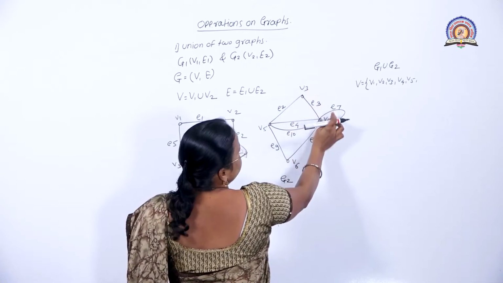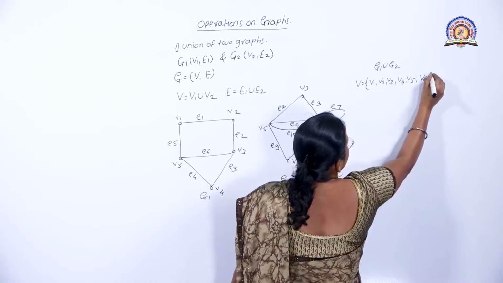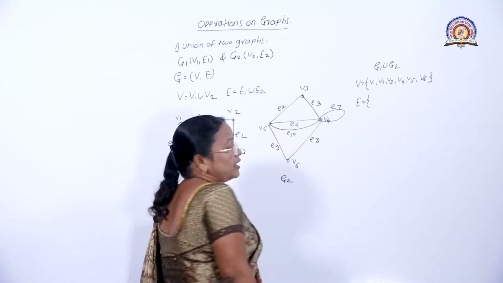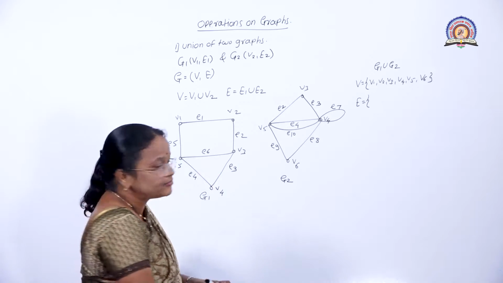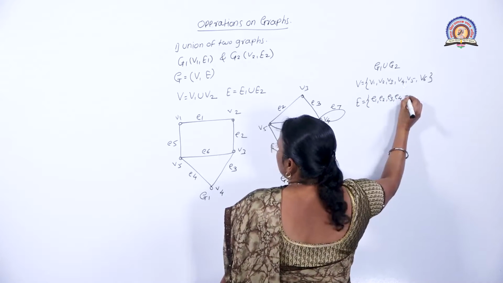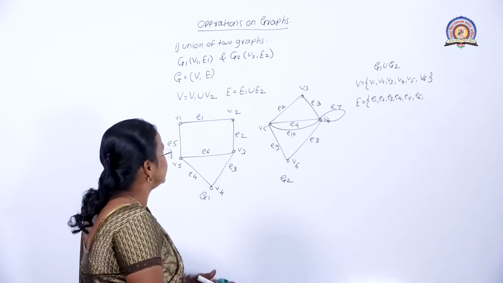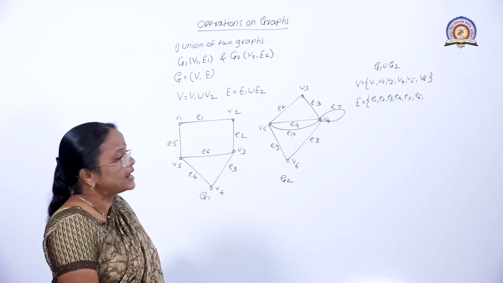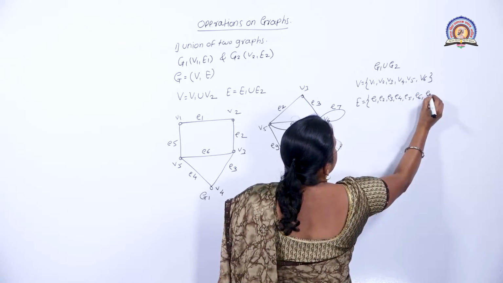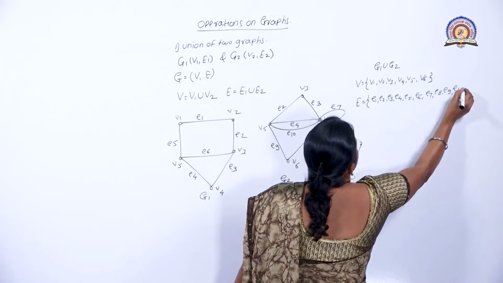V3, V4, V5 are already written, so what is remaining is V6. The edge set E is E1, E2, E3, E4, E5, E6, all the edges from the first graph, and then from the second graph, up to E6 already written, we add E7, E8, E9, E10.